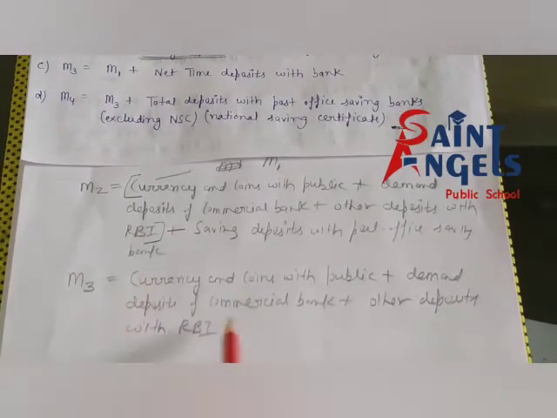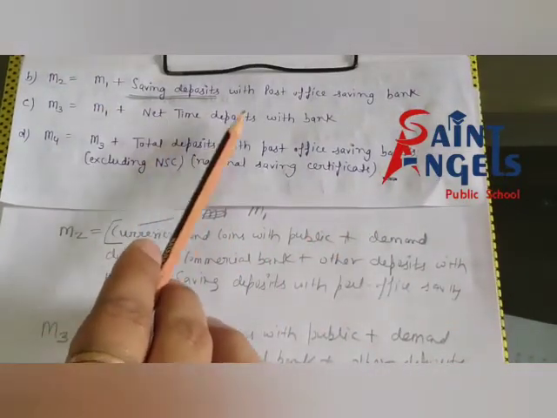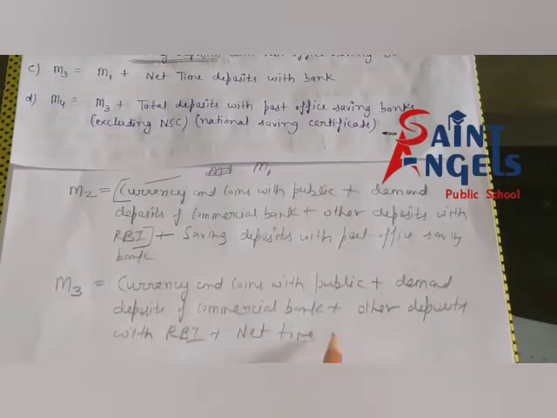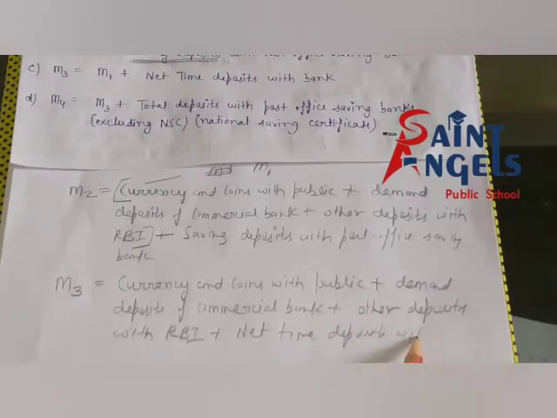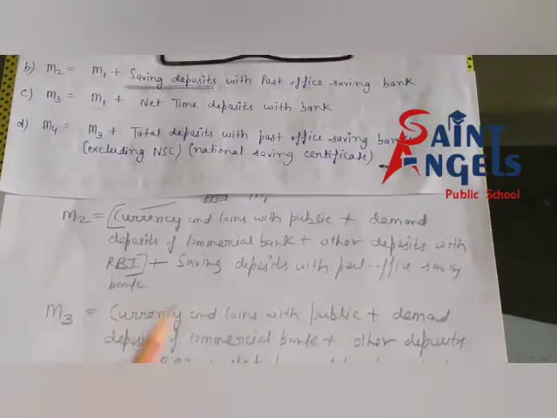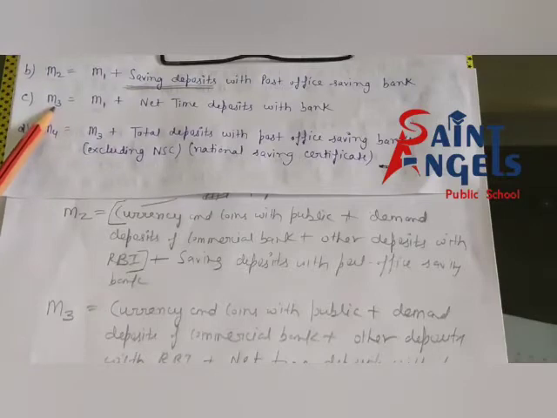This is the complete formula of M1, and see here, plus net time deposits with bank. I hope it is clear. We can write the formula of M3 in this form.